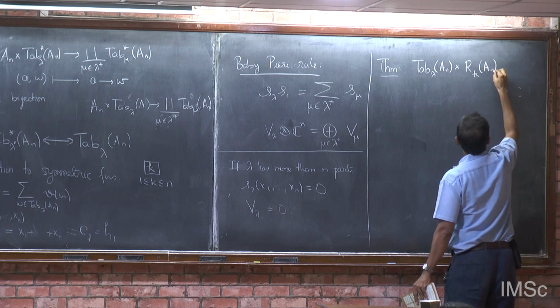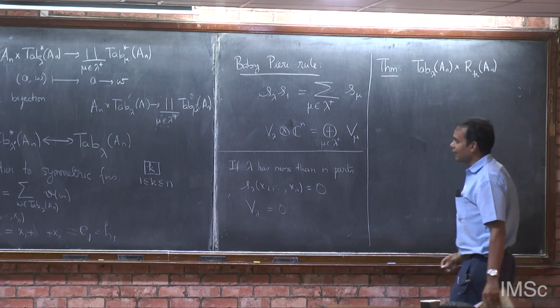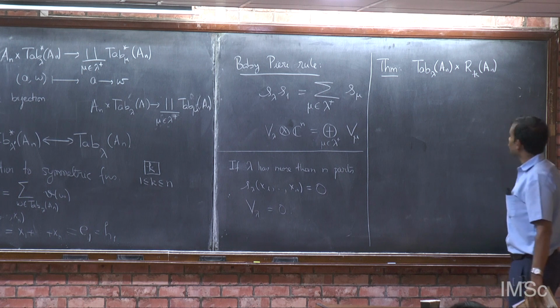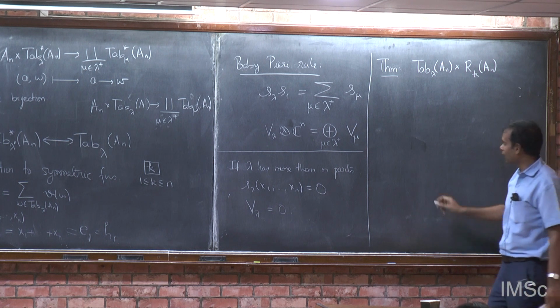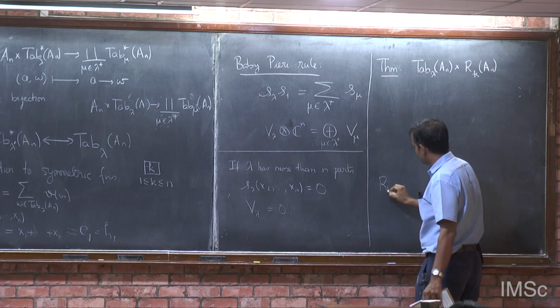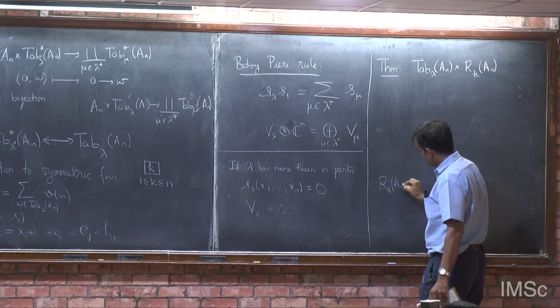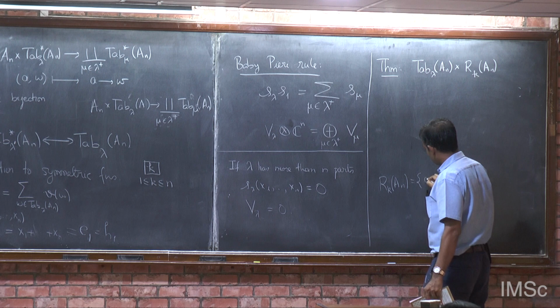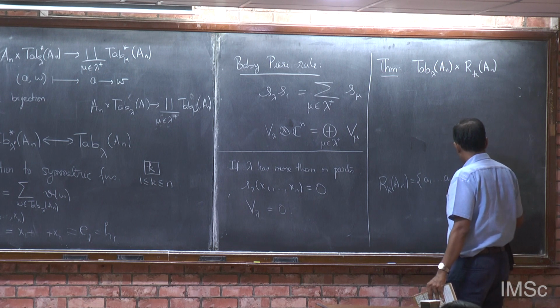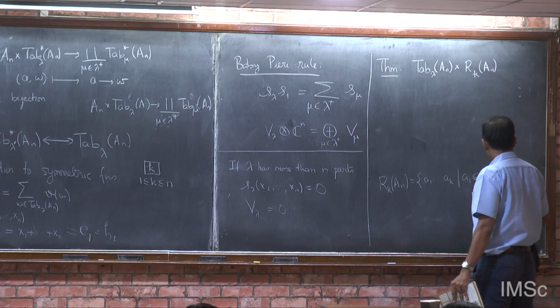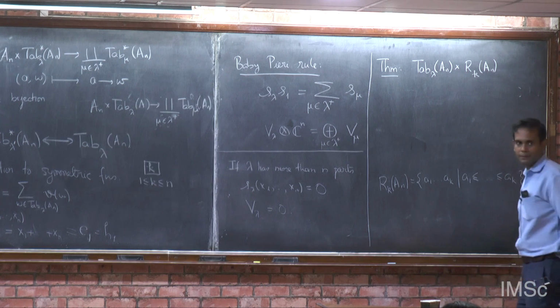Let me remind you what this is. R_k a_n is the set of all rows of length k in the alphabet a_n. So R_k a_n consists of weakly increasing words.